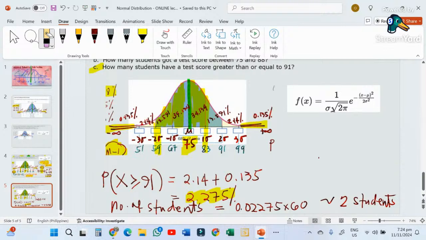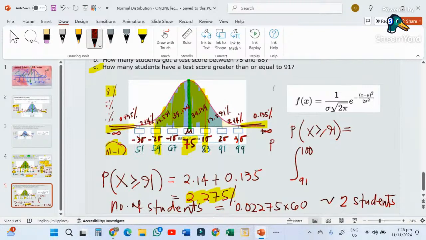Now, if you're going to use the formula, it will be P(X greater or equal to 91) is equal to from 91 to 100, because we are talking about greater than or equal to 91. Greater than 91 will start from 91.1, 92.2, 92.3, and so on.